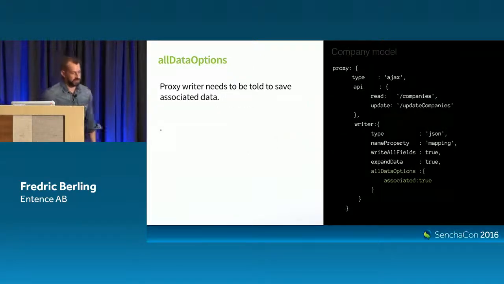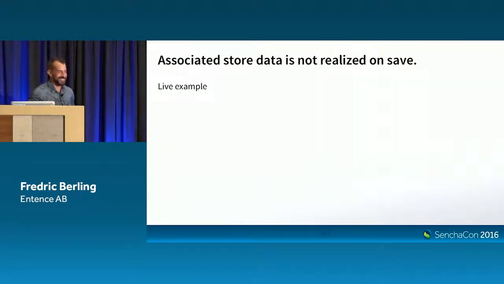But luckily there is an allDataOptions property on the writer. If you set associated to true, it will look up all associations, take the JSON from those stores and include them in the post. The very magical config. Take a picture of that, folks. Yes. You've been missing that? We wrote our own writer for that. Yeah. In there.